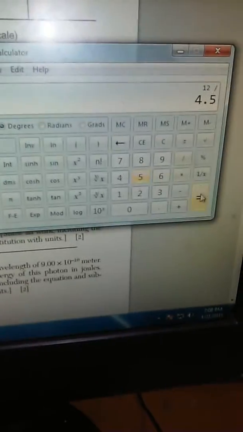So we divide by 4.5. 12 divided by 4.5 equals 2.7. So 1 centimeter equals 2.7 newtons.